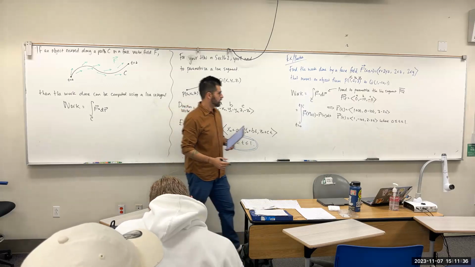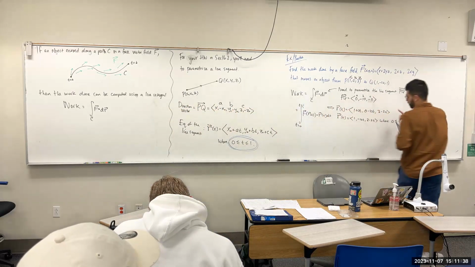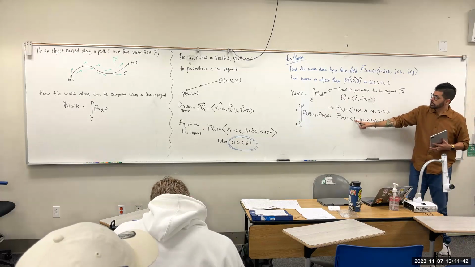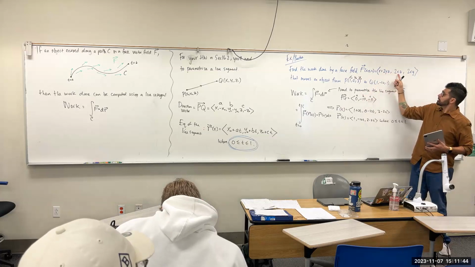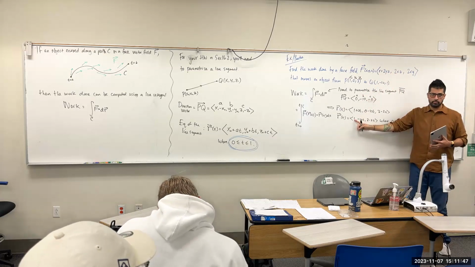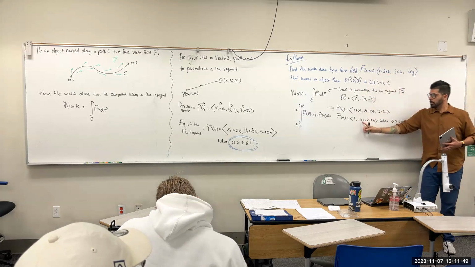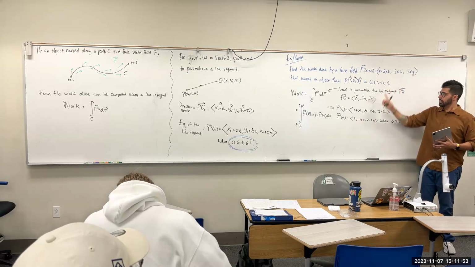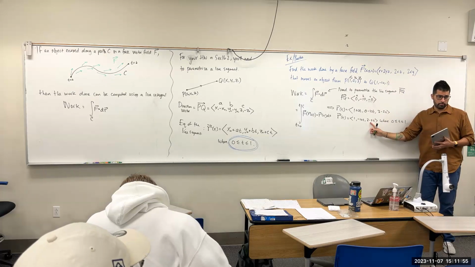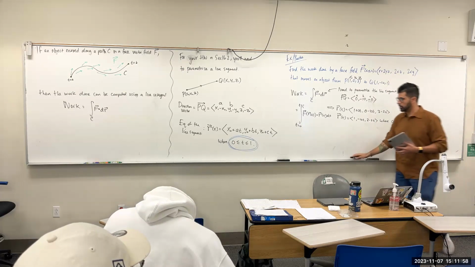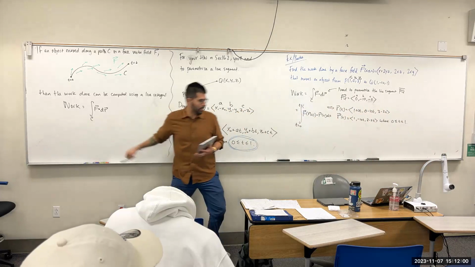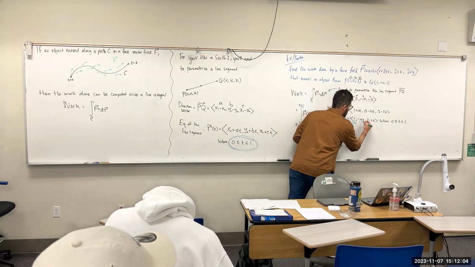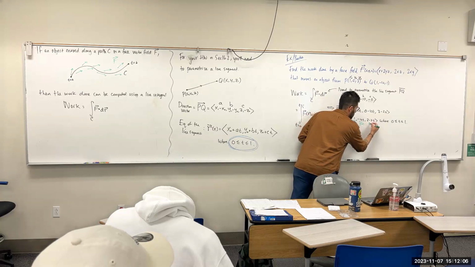So if this is my r, everything that has an x becomes a 1. Everything that has a y becomes a negative 10t. And everything that has a z becomes a 3 minus 2t. That's how you're going to do that. That's kind of why I wanted to do this problem, because that part is good for you guys to see.